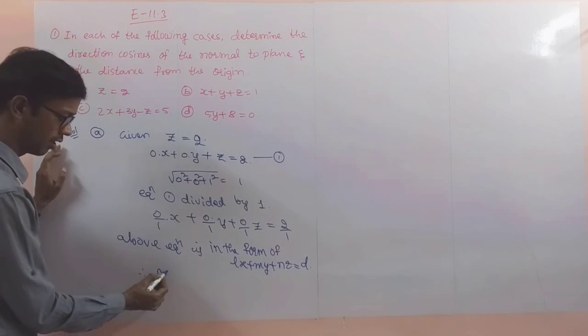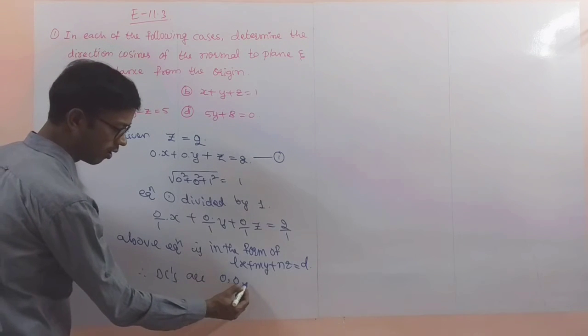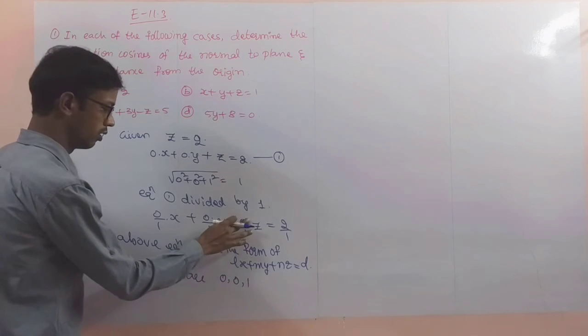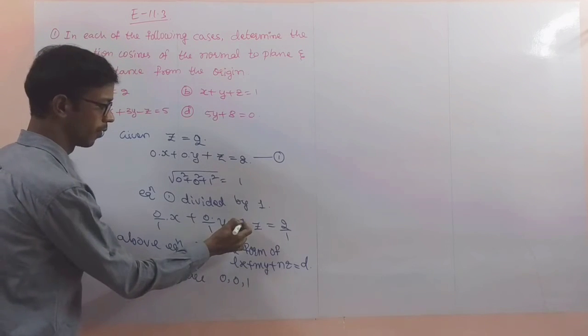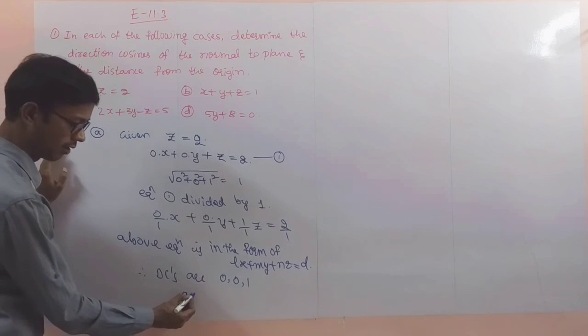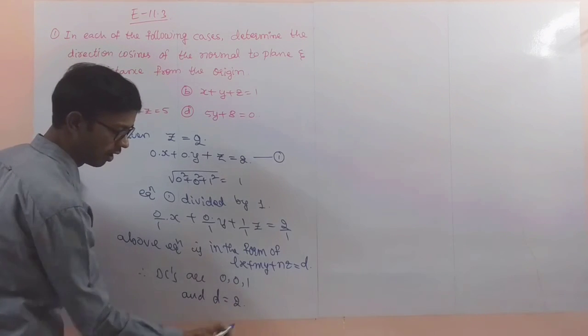Therefore, direction cosines are 0, 0, 1. Why? Because here 0 by 1, 0 by 1, and here 1 by 1. And distance d equal to 2 by 1, that is 2.